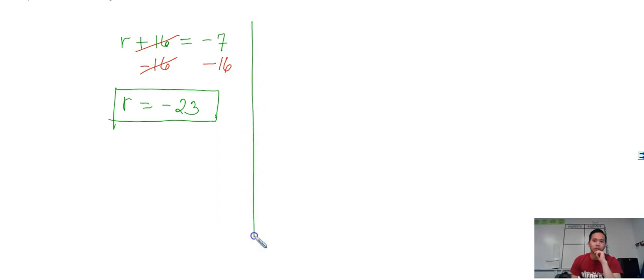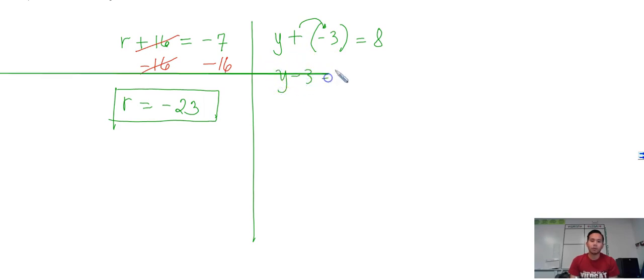As an example, let us say I have here y plus negative 3 is equal to 8. You still remember the distributive property. In this case, we are multiplying the positive and the negative. So this will become y minus 3 is equal to 8.